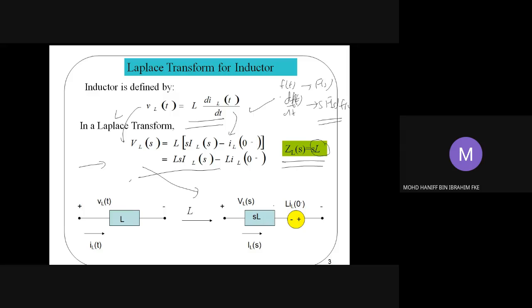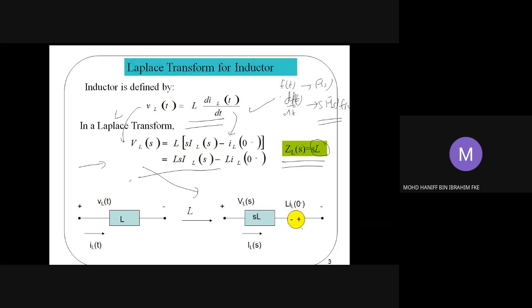The first one is the voltage drop across the inductor itself, which is sL multiplied with I_L(s). And the second one is the voltage source given by this component here, which is L i_0(0-). L i_0(0-) will be the voltage source produced from the transformation.